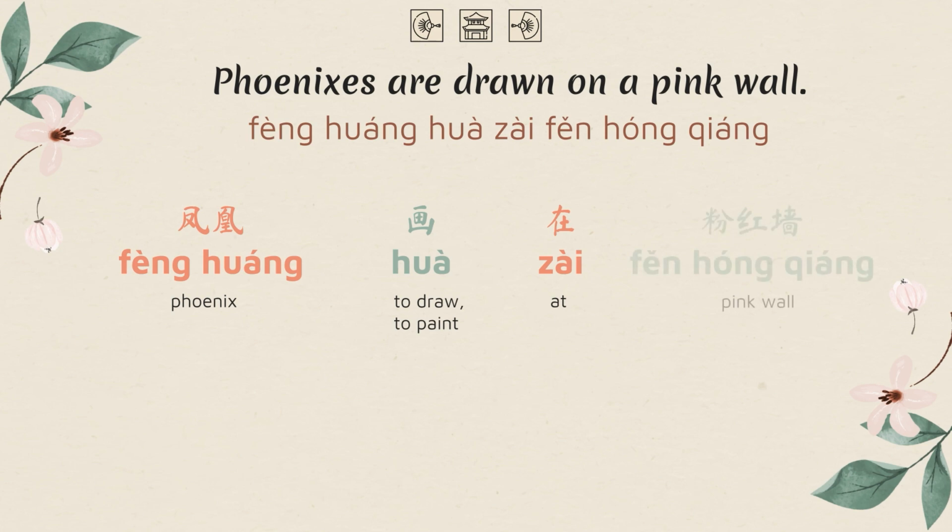Here we are at a pink wall. 粉红墙. So the whole thing goes 凤凰画在粉红墙. So literally, phoenixes draw at pink wall. So technically, there's no passive voice in here. It's not saying are drawn, but I'm just translating it as phoenixes are drawn on the pink wall to make it flow better.